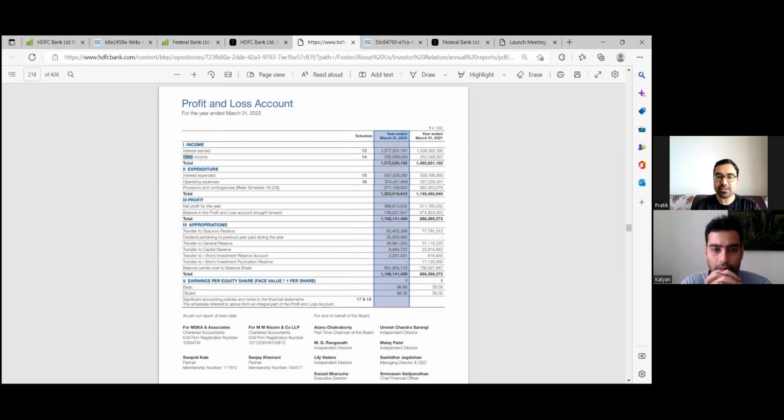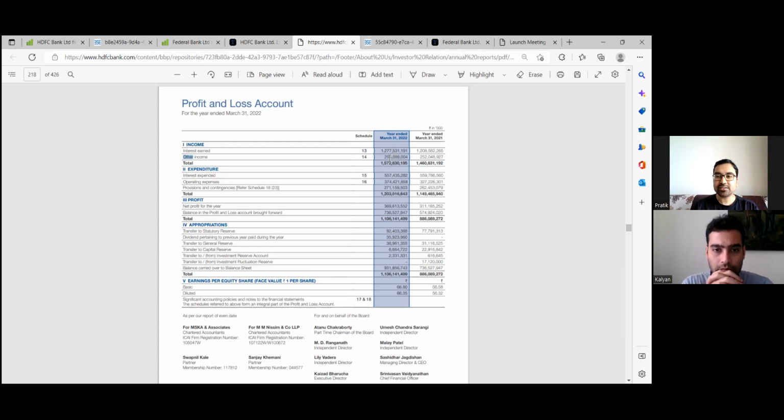For example, you are originating a loan, so you'll have a loan origination fee. Similarly, you are giving a credit card to the customer. Whenever the customer spends, some percentage will go to whoever is the issuer of the credit card. Then you give some swiping machines, and based on the swiping machines also, you will earn fees.